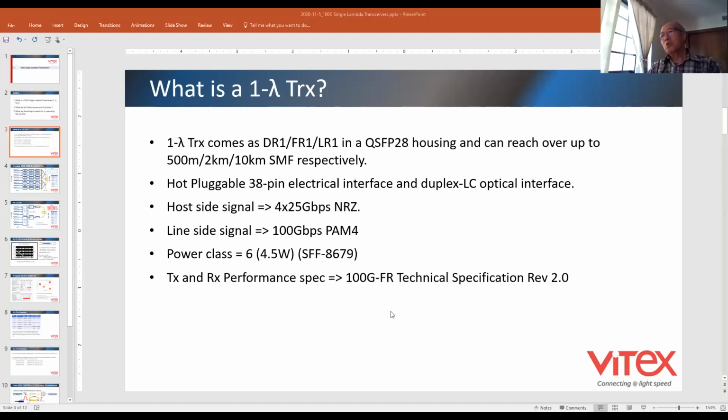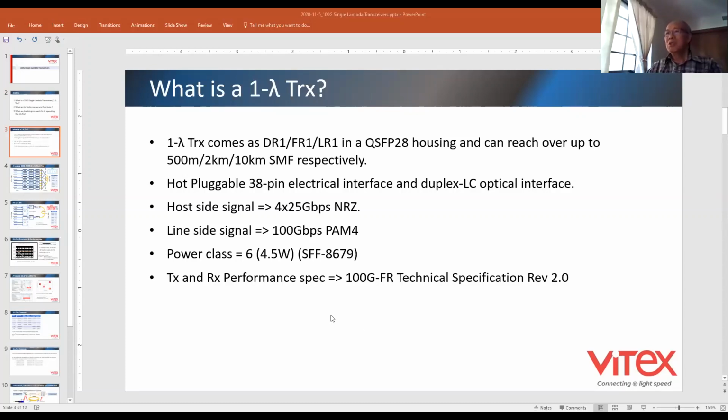And the power is always 4.5 watts. The spec can be found in a document called 100G FR Technical Specification Revision 2.